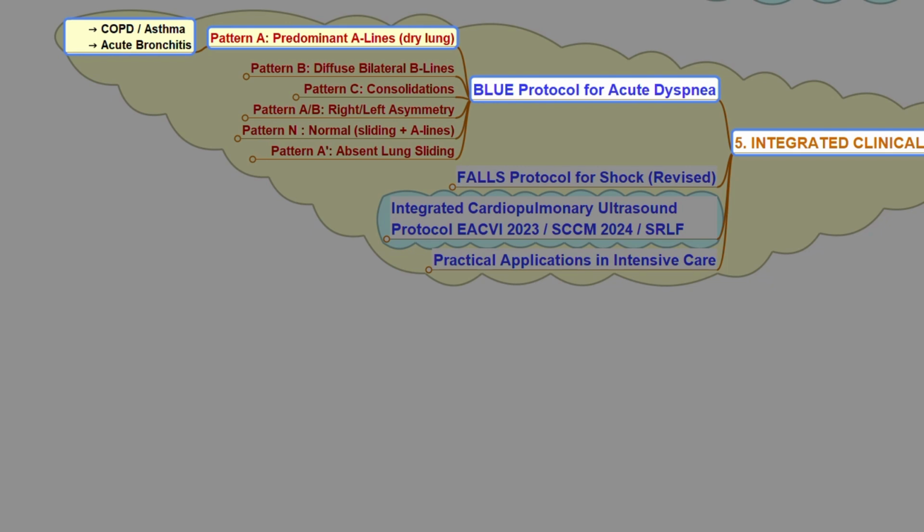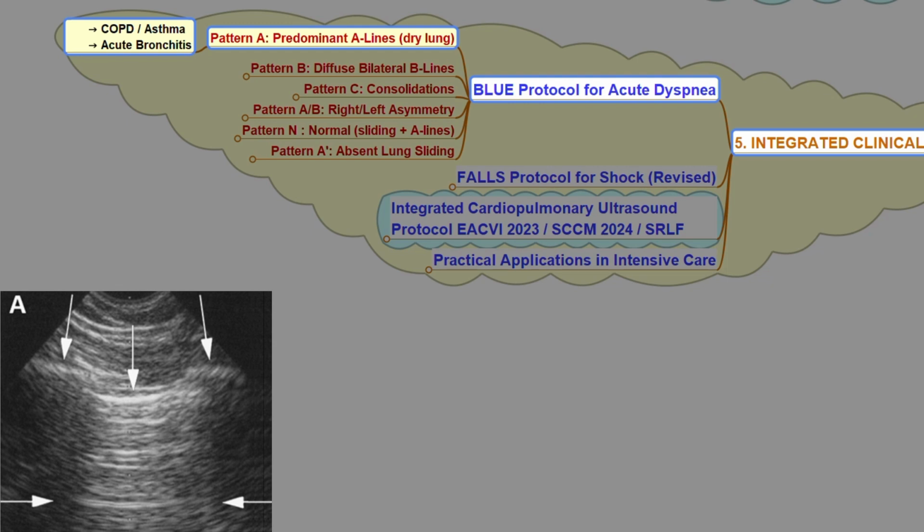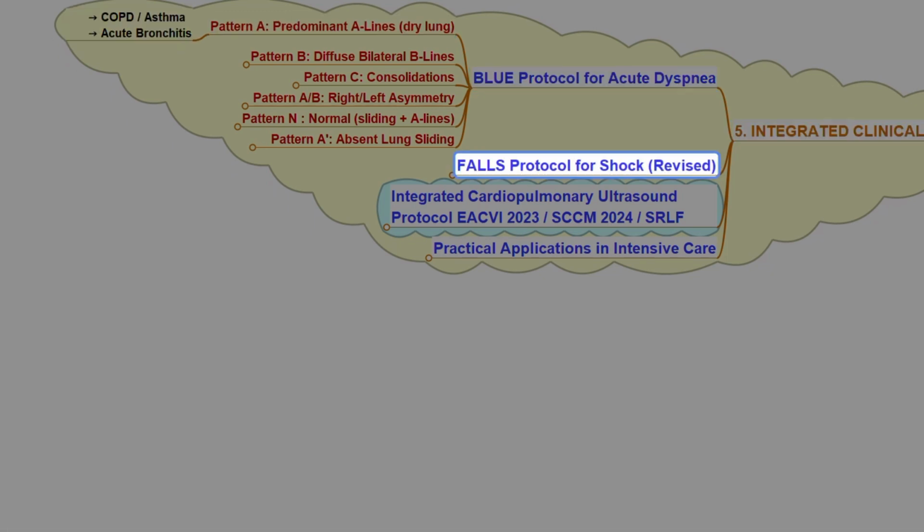Pattern A: predominant A lines with normal pleural sliding, dry lung, indicating preserved aeration. Typical etiologies: COPD, asthma, or acute bronchitis.